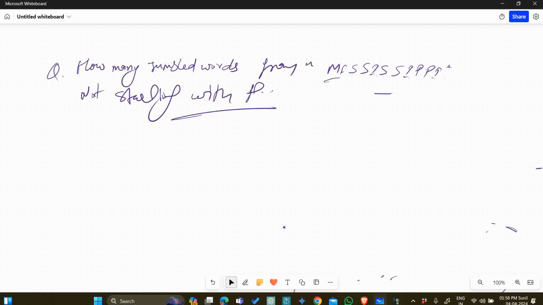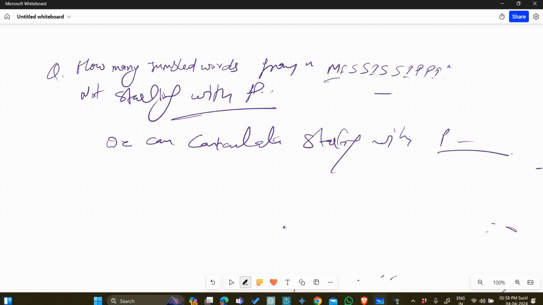What we can do is calculate those starting with P. Starting with P, one P is fixed here, so there would be 10 factorial upon 4 factorial and 4 factorial, because one P is now fixed.